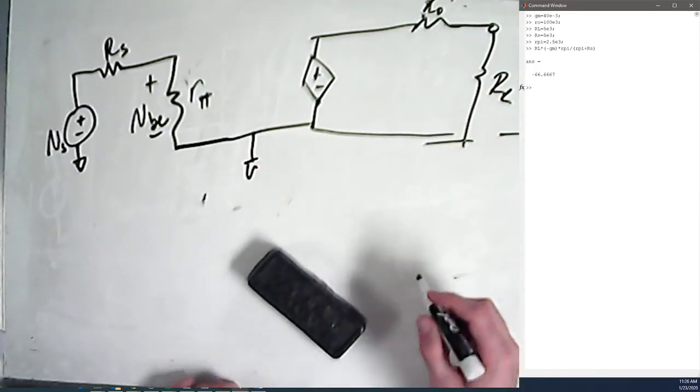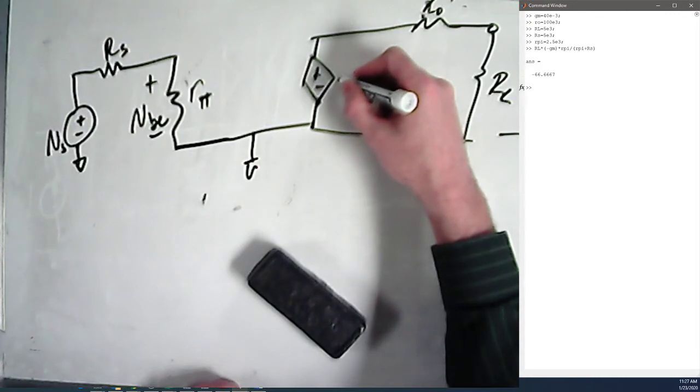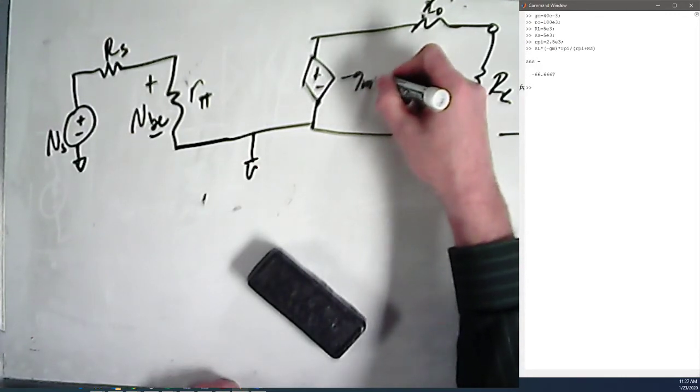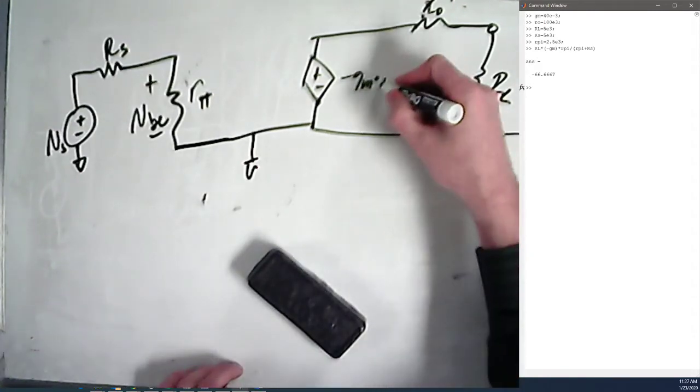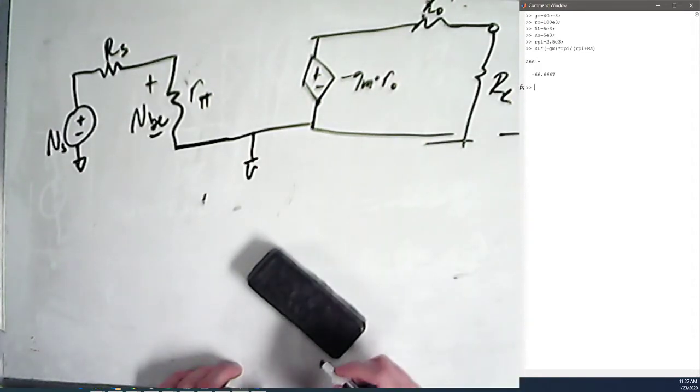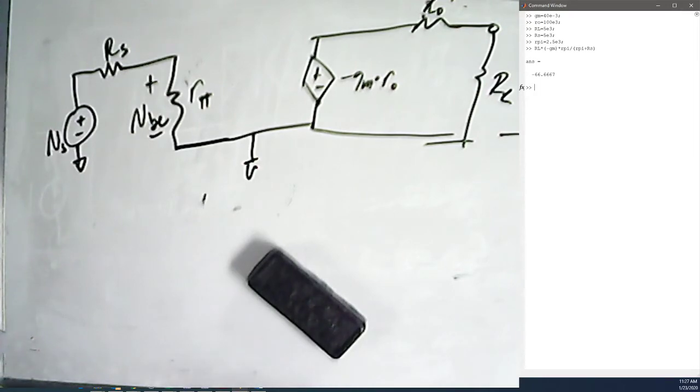If we can translate it this way, this is just going to be minus gm times ro. We should get the same kind of voltage gain from that.